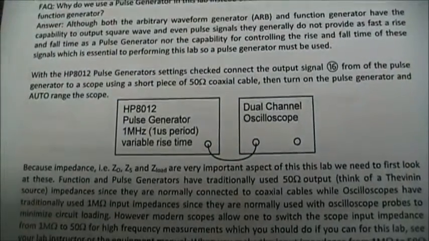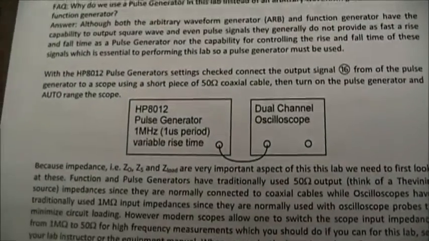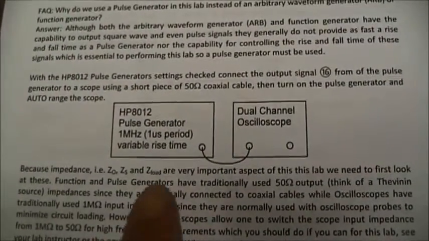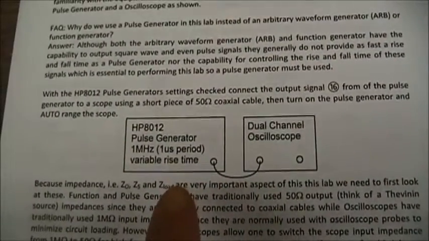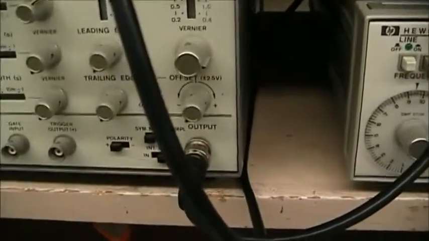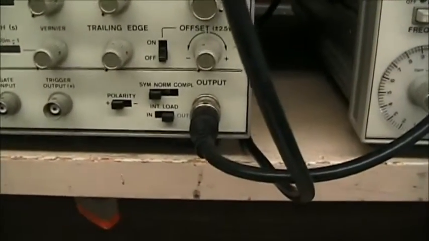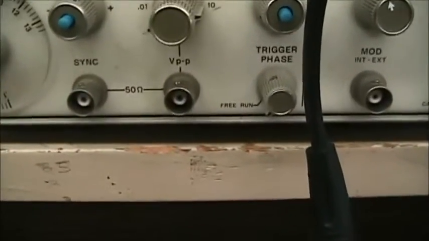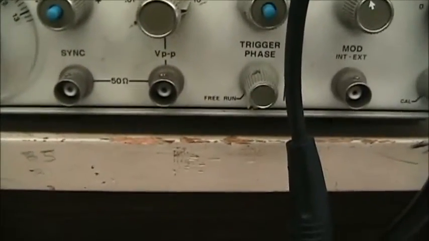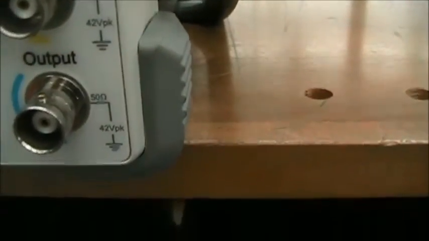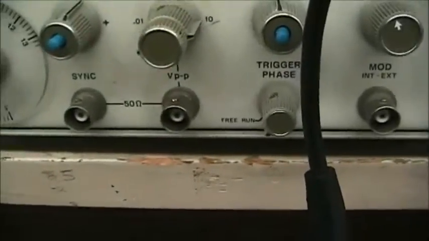Now, before we take a measurement, we need to consider a couple factors. The output of the signal generator is a 50 ohm connection. It's actually not labeled on this unit, but it's generally labeled on most of your pulse and function generators as a 50 ohm input. Here's our new Regal unit. There's an older HP unit.